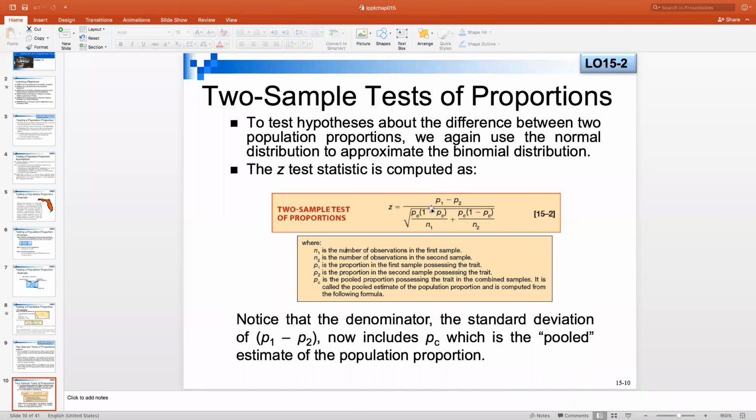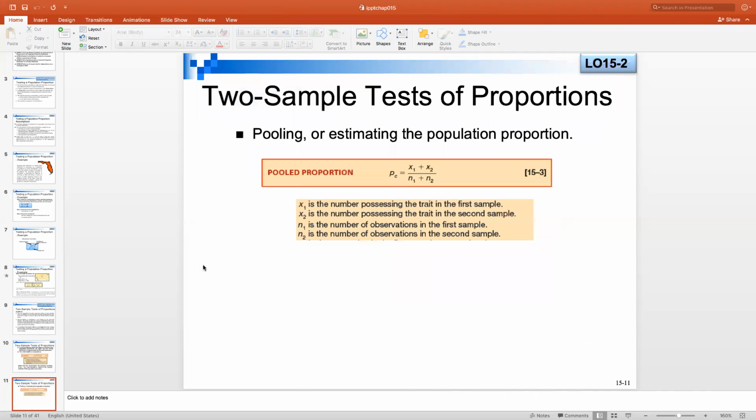And so that's what the PC means. And we have to have a PC because if we're looking at a 2 sample test, we have to have a way to combine the 2 samples into one logical P in order to do the statistical analysis. And so combining those two samples into 1 P, that 1 P is called the PC. Okay, the pooled proportion. All right.